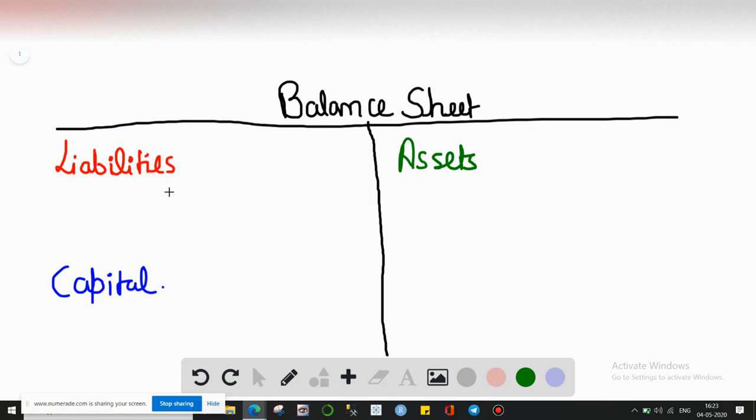Liabilities are the amounts which a business entity has to pay off to their suppliers. Let's say suppose we have a business of furniture. Now to make furniture, we need raw material in the form of wood logs. What happens when you purchase some wood logs from your supplier?